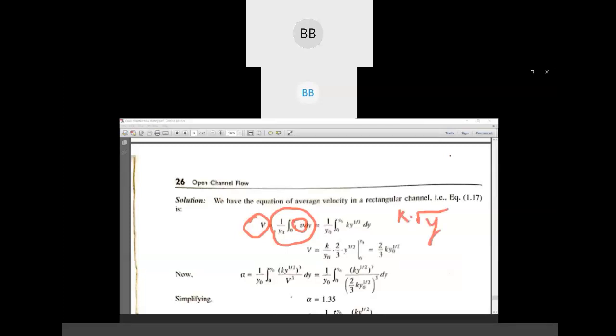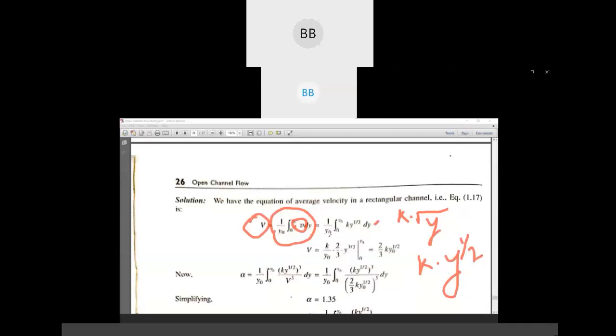In place of root over y, we have written y to the power half. It's the same thing. You can write k into root over y, or k into y to the power half, dy, 1 by y naught.